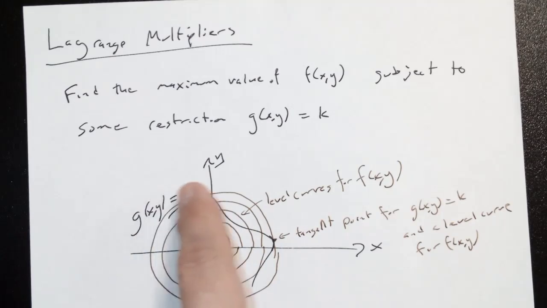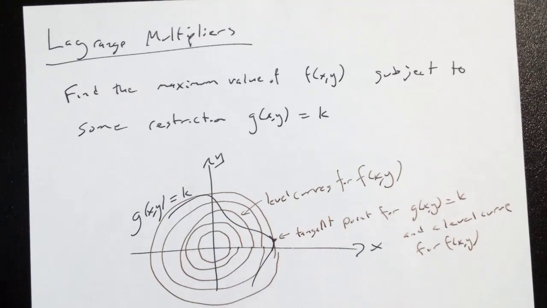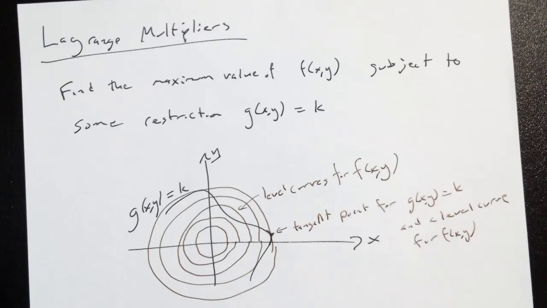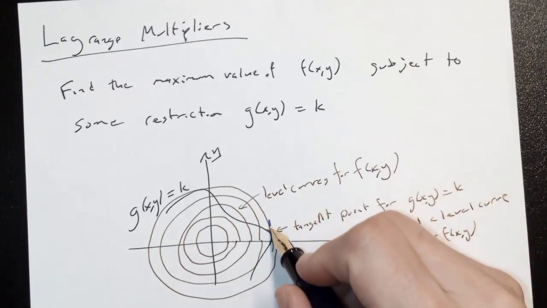And if that tangent vector at this point is also tangent to the level curve, then the two tangent vectors, the tangent vector for f at this curve and the tangent vector for g at that curve, they should be parallel. They might not be exactly the same. One might be longer, one might be shorter, but they should be going the same way. Does that make sense? If these two curves are tangent to each other at this spot, then they should have the same tangent line.